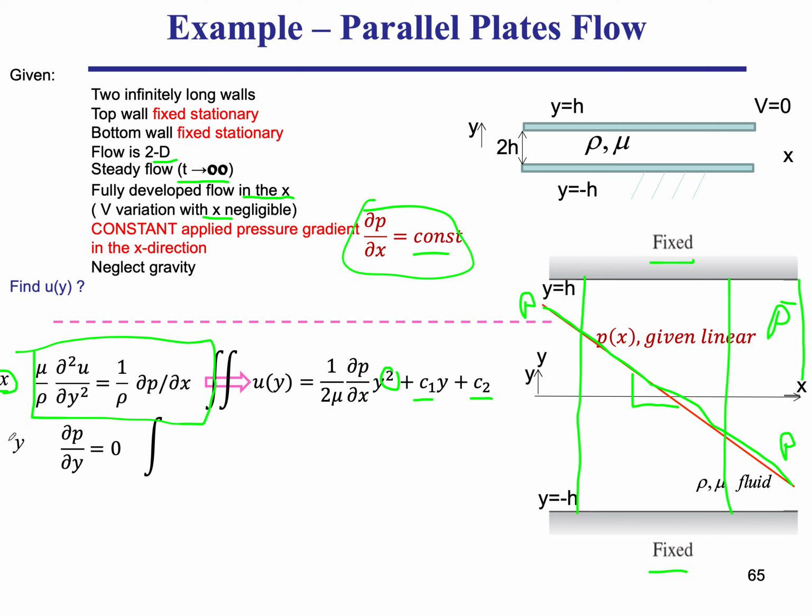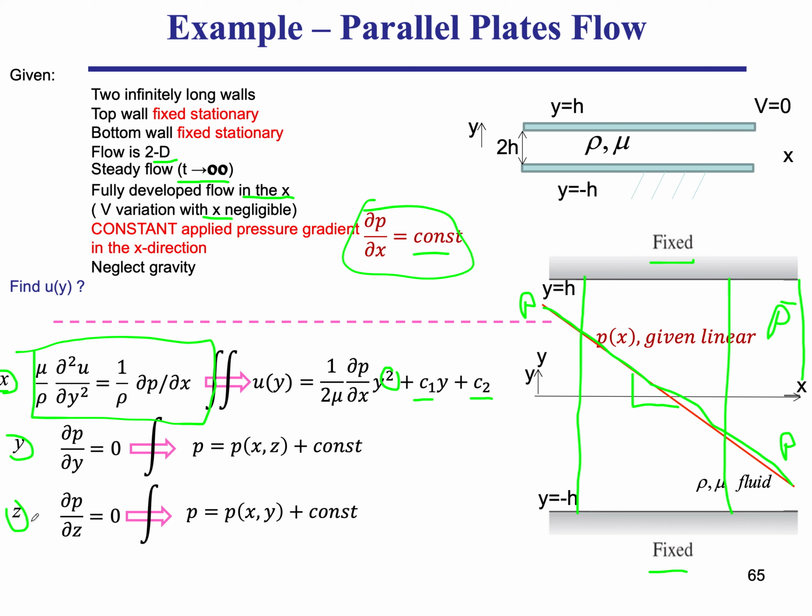So here we also have the y and z components of the Navier-Stokes equation. The y component tells me that P is only a function of x and z, and the z component tells me that the pressure is only a function of x and y. But since this one and this one are the same, I have x in both of them, so it has to be a function of x.